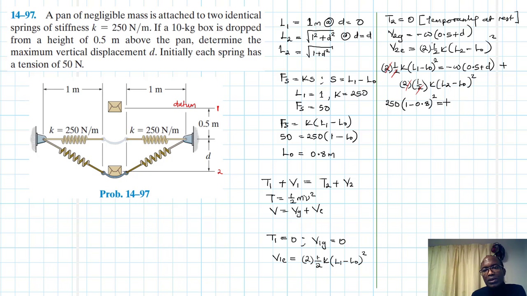This is equal to minus the weight, which is 10 by 9.81, by 0.5 plus D, plus 250 by L2, which is the square root of 1 plus D squared, minus 1 minus 0.8 squared.